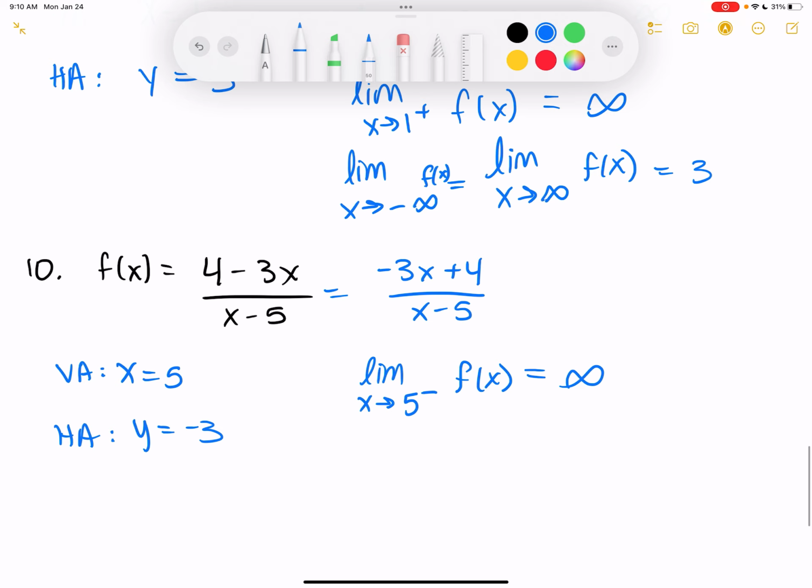And then the limit as x approaches 5 from the right. So like 5.001. Positive on the bottom, negative on the top. So it's negative infinity.